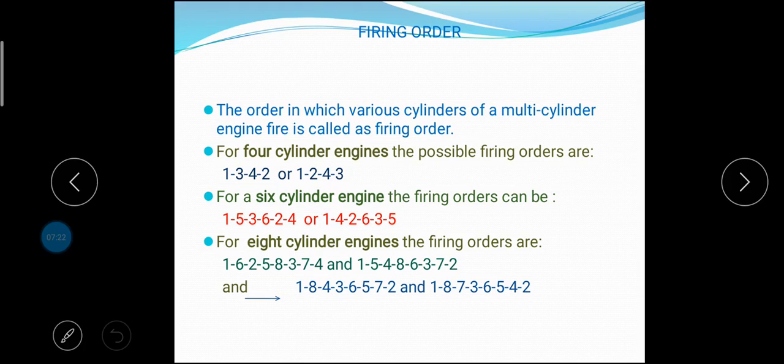Next, let us discuss about firing order of the engine cylinders. First of all, we have to know the basic definition of firing order. The sequence in which firing impulses occur in multi-cylinder spark ignition engine is called the firing order.